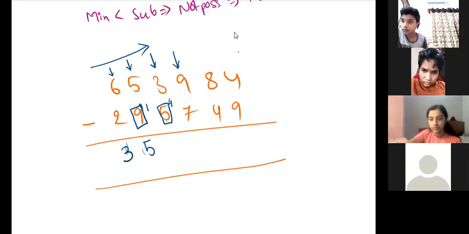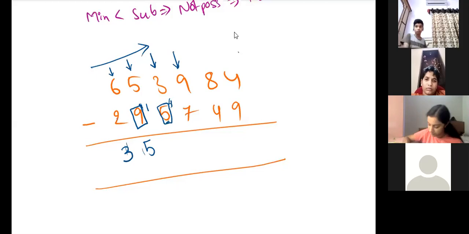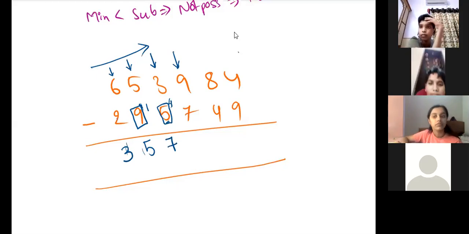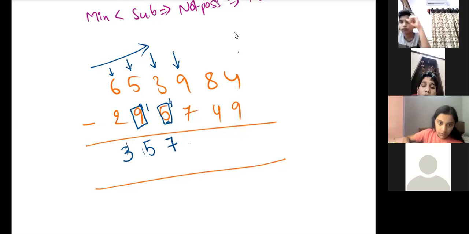See, because it's a mismatch, complementary pair. 5's complement is 4. Add this 4 to the above number 3. 4 plus 3 is 7. But before writing 7, we have to see the next place. Because it's a match, we keep it as it is, 7 only. No need to reduce 1. Next, it is directly possible. 9 minus 7 is 2. Before writing 2, see the next column.